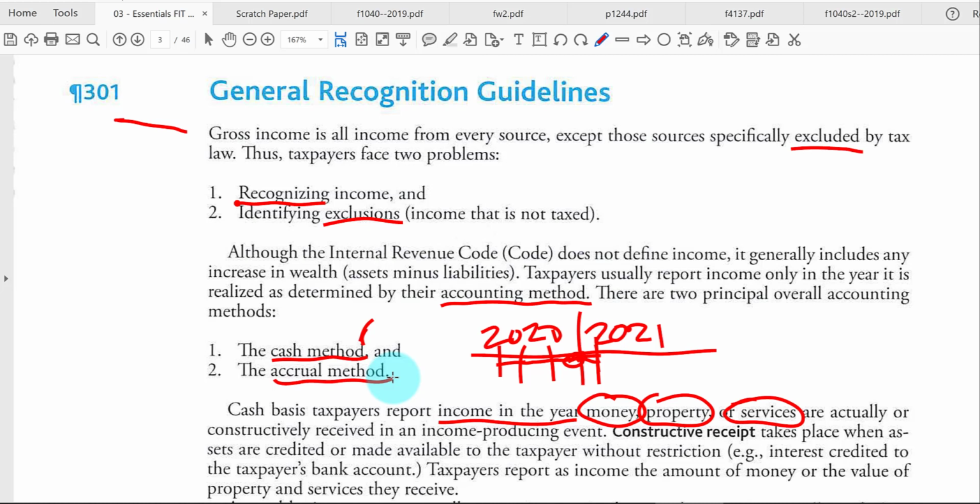If you were an accrual basis taxpayer, the earnings you made at the end of the year that you didn't collect, you have to report at the time you earn it, which would be in 2020. Now, I've never seen an individual, not a business, that is accrual method. Many businesses use this accrual method. Most individuals, like you and me, use this cash method, which is simpler.